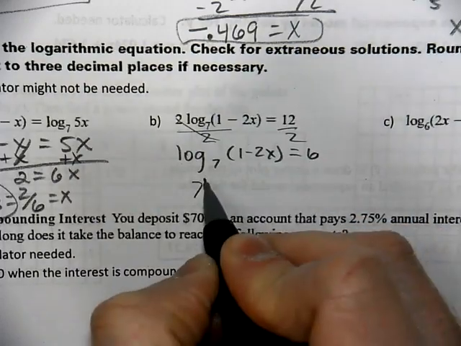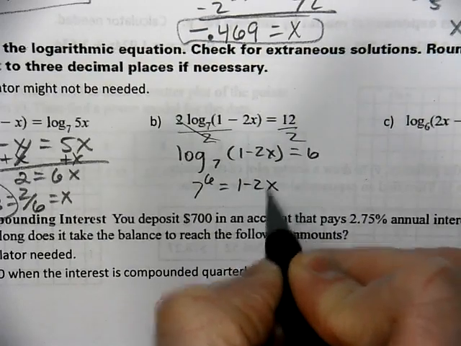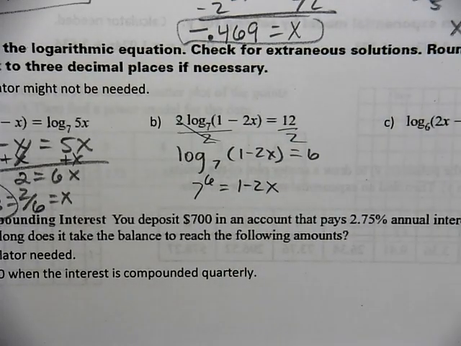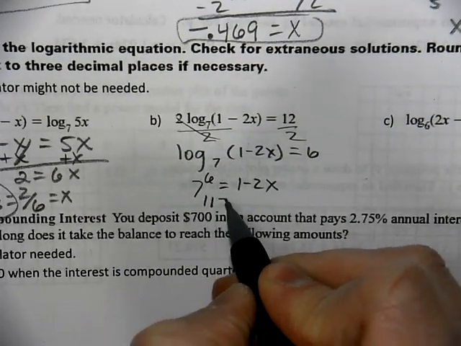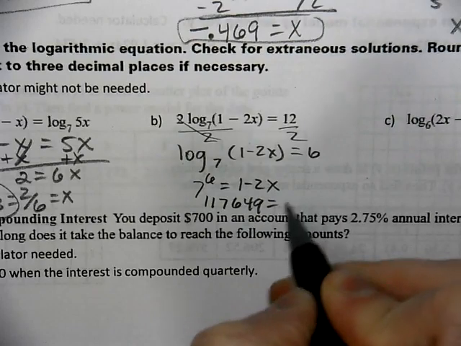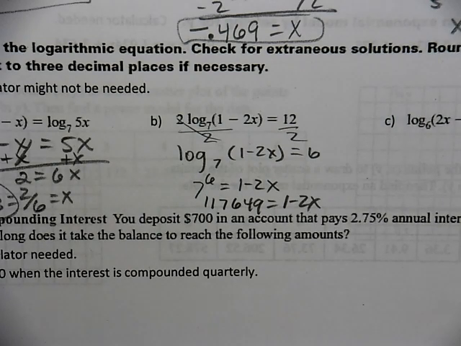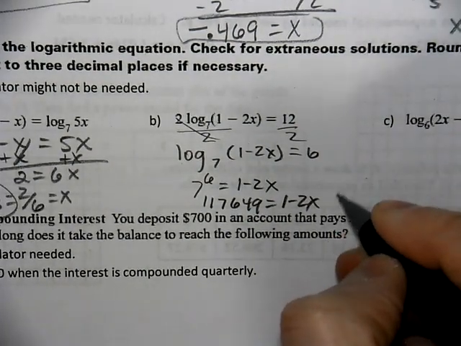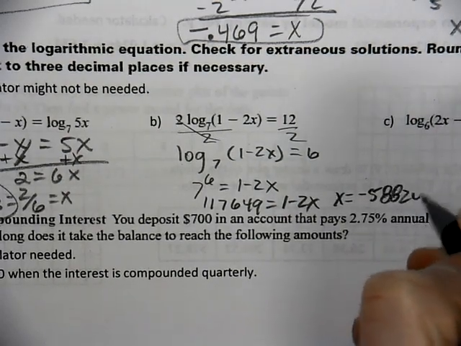So 7 to the 6th power, because that's the exponent, 1 minus 2x. 7 to the 6th power is a really big number. 117,649, 1 minus 2x. We can subtract 1 from that to get 117,648, and then divide that by negative 2 to get negative 58824.